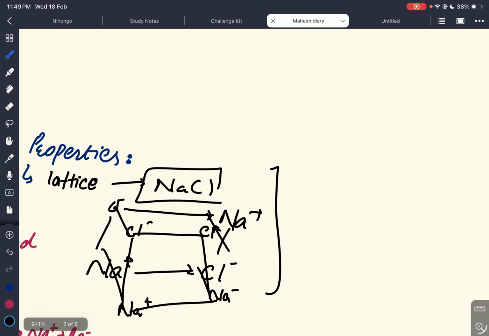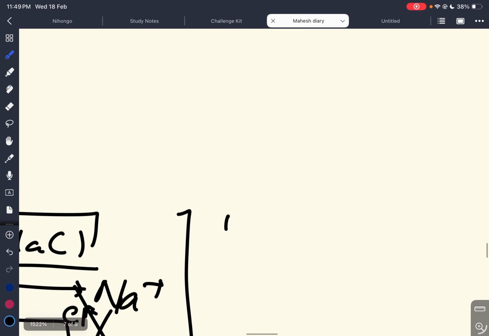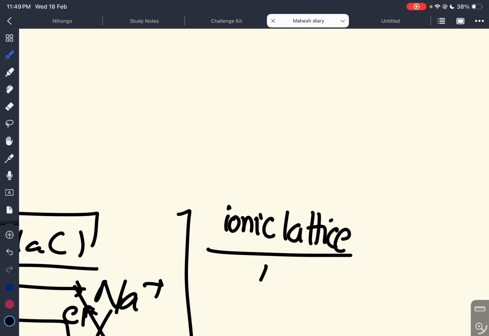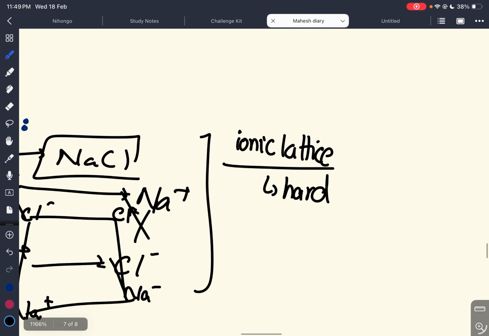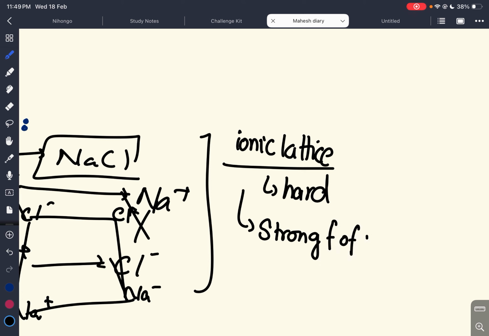So because of this ionic lattice structure, it is very hard. So one of those properties that we count in ionic bonding is that they are very hard. They have strong forces of attraction because here there is no sharing of electrons, okay, so due to that there is a strong force of attraction.